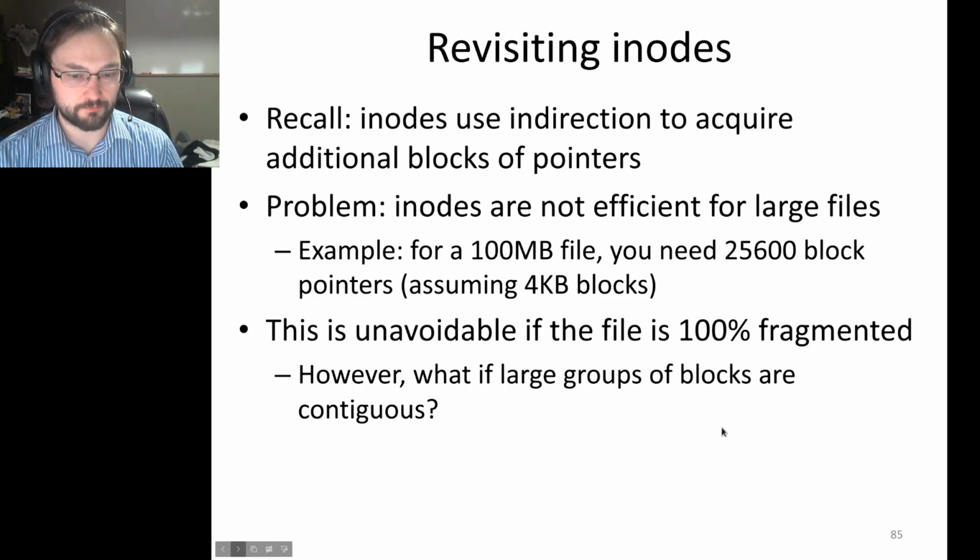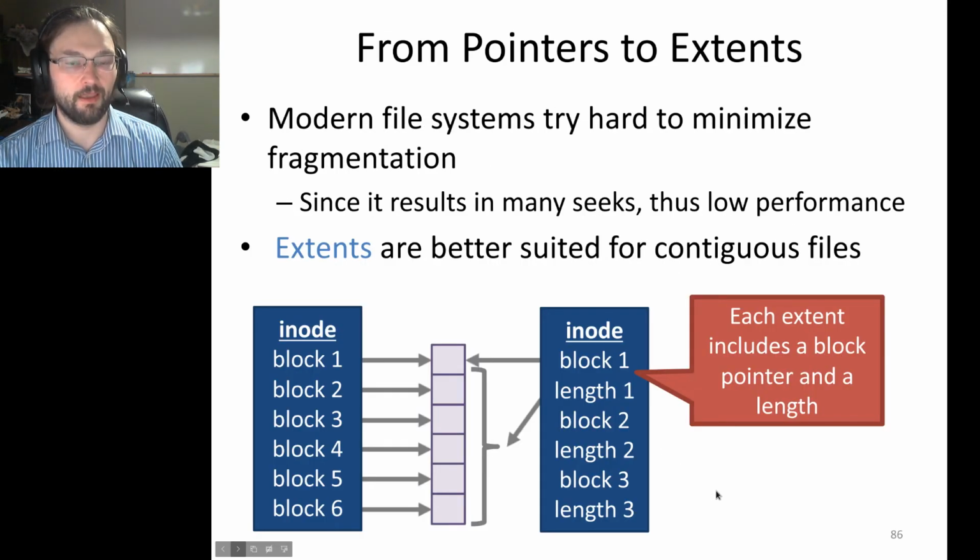on block pointers. What we can do is ask what happens if some of the blocks are contiguous, and it turns out that usually at least some of the blocks are going to be contiguous. And that lets us use this technique called extents. So instead of having just a list of blocks, we're going to have a list of start block length pairs.